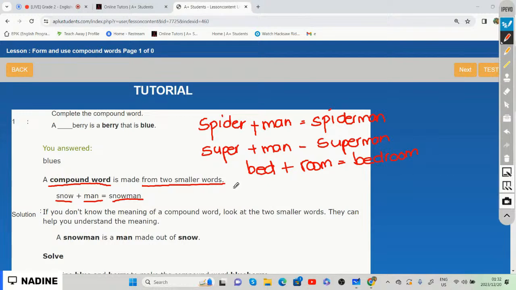And if we look at this word, bath and room. What is bath and room? What is the compound word of bath and room? If bed and room is bedroom, then what is bath and room?